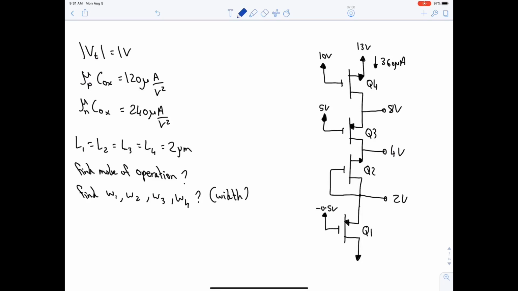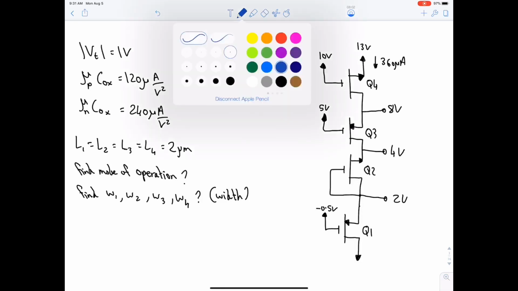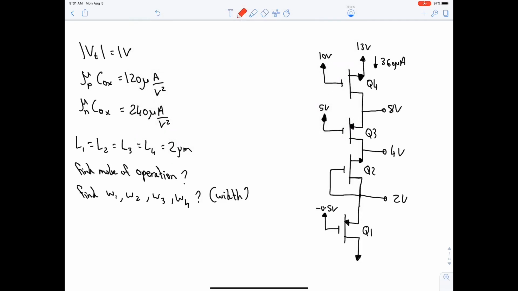So how do we start? We start by labeling each MOSFET. This is the most important part. So first, Q1 is PMOS, Q2 is NMOS, Q3 is PMOS, Q4 is NMOS. So it's a mixture of NMOS and PMOS.